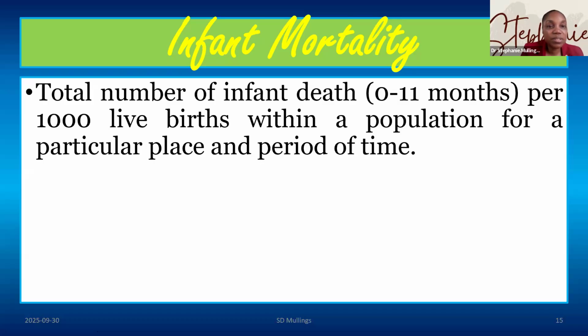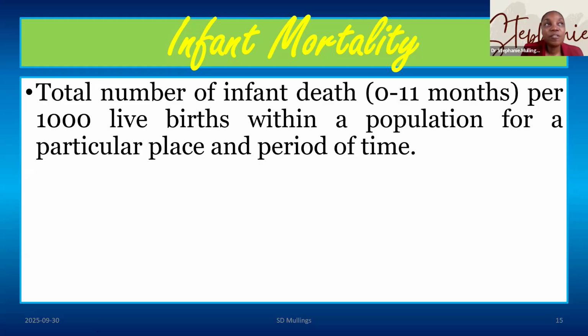So let's talk about some types of mortality rates. Infant mortality rate, as is displayed here, it's really representing the deaths in our infants. And infants here are considered to be persons less than 1 year old, we say 0 to 11 months, who would have died.